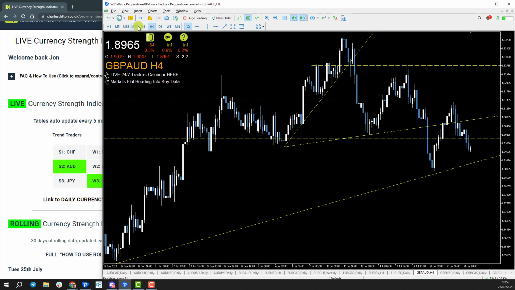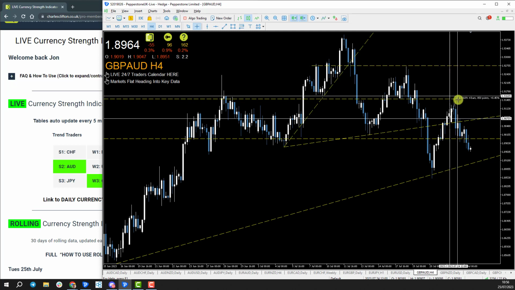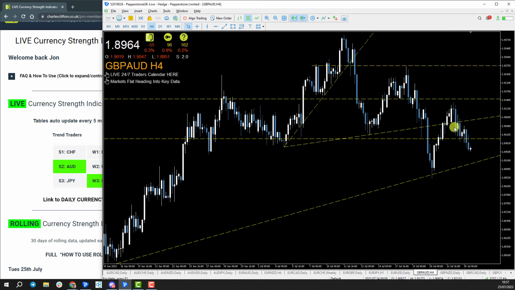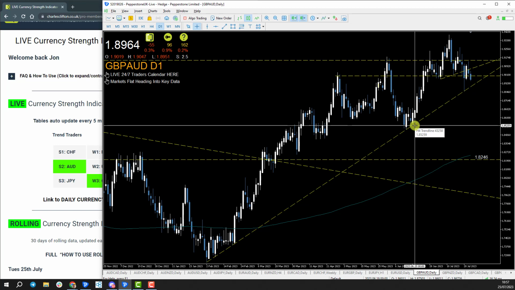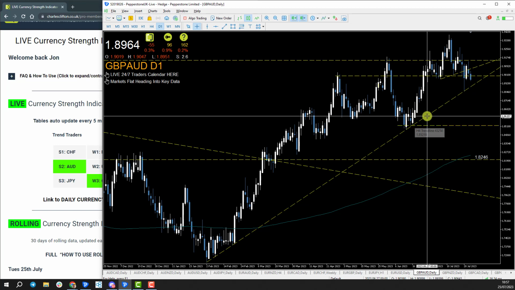Now, we entered on a pullback move into this area here, which was around about that 1.9075 handle. Our stop losses were above these swing highs, and price has started to push to the downside here. There are a couple of interesting areas on this market. Like we said before, I do quite like these lows down at the 1.8525.